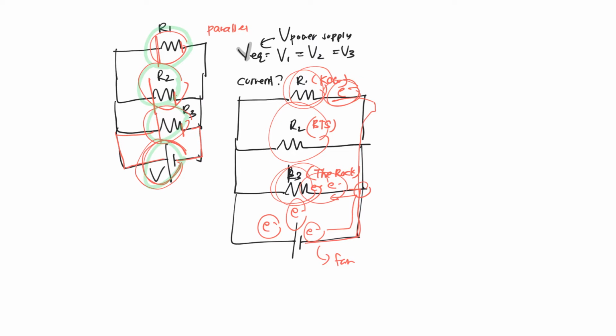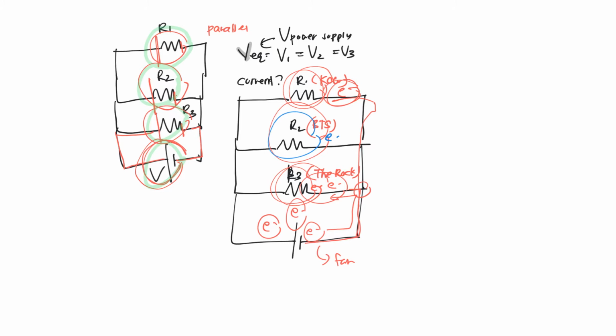So for higher resistance, for example, BTS maybe only has one fan, so the current flowing here is going to be less because BTS gives you higher resistance. It's going to reject the fans. That's the reason why few fans attach to BTS, but a lot of fans attach to The Rock and Cow, depending on their popularity, which I assume depends on the value of the resistor.